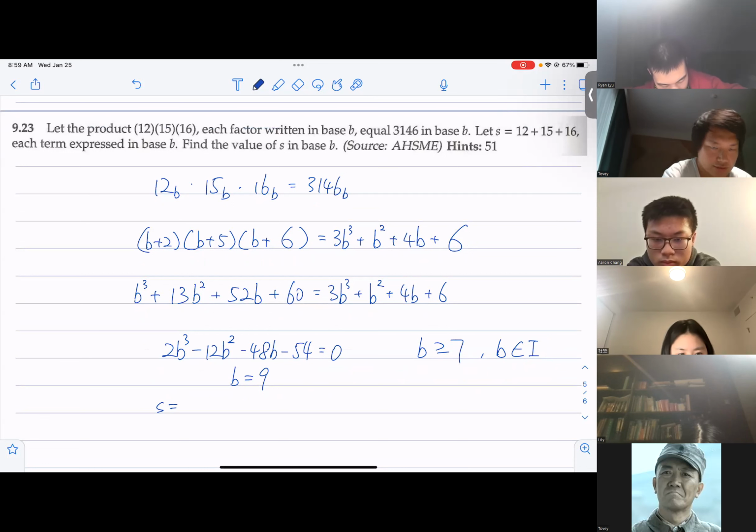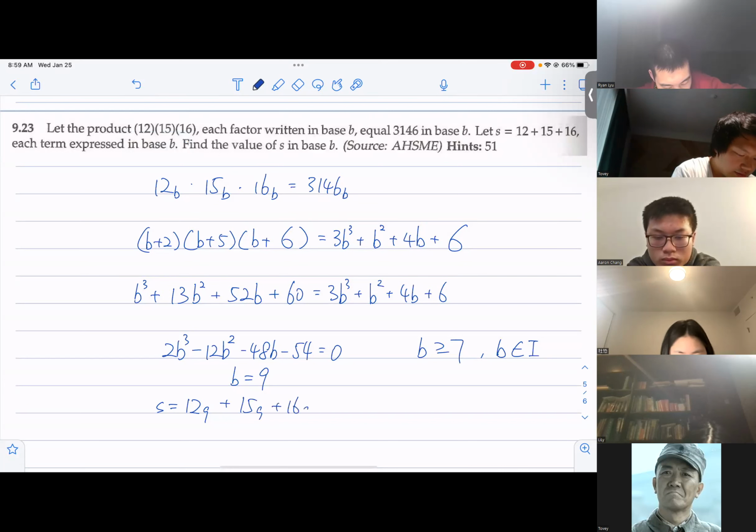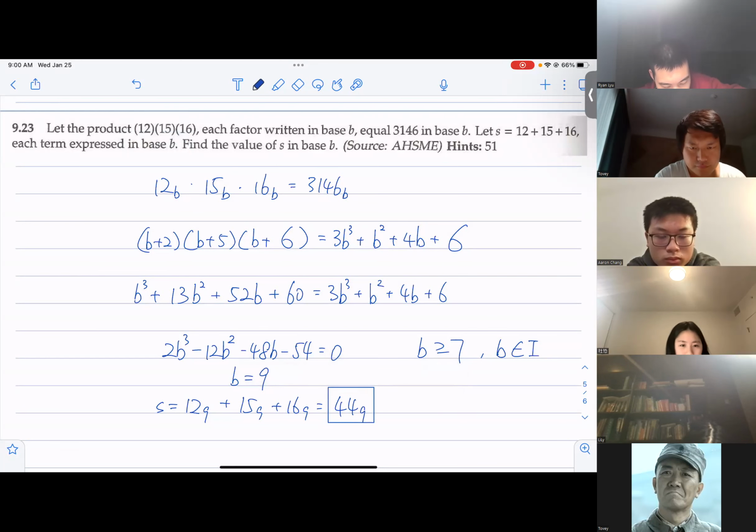Again, 12, 15, 16 are also in base b. So 12 plus 15 plus 16, all in base 9, and this should give you 44 in base 9. Okay, yeah, so that will be all.